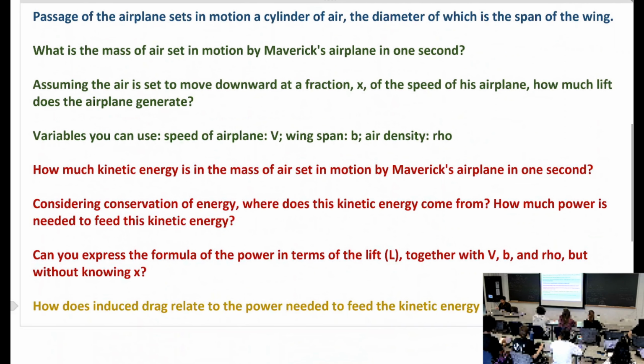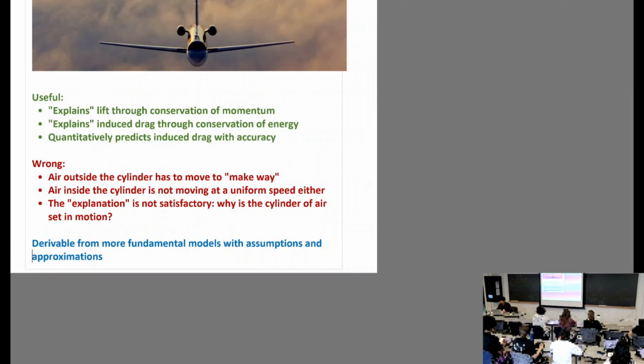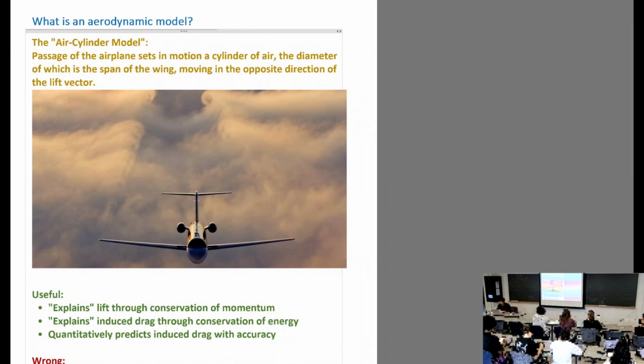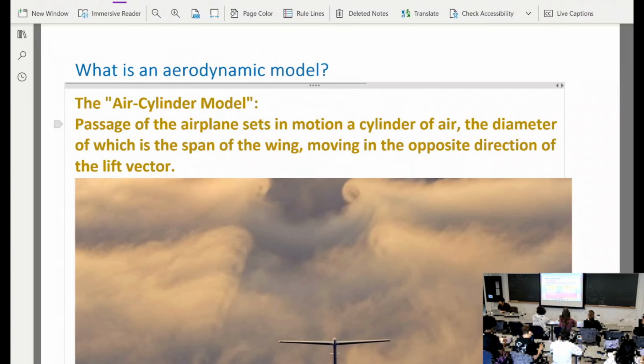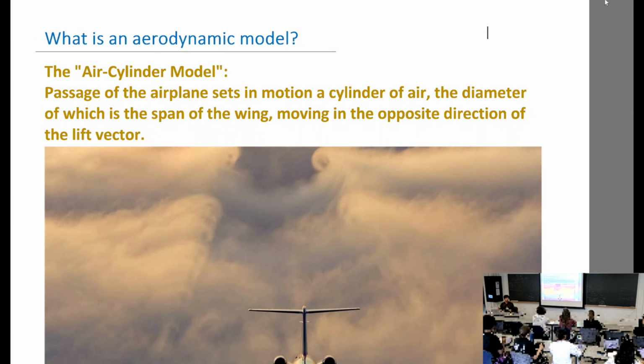This is basically the induced drag, and the reason I'm discussing this is because this entire course, aerodynamics, is about various aerodynamic models. So this is an example of an aerodynamic model. You're probably not going to find it in any textbook because I kind of came up with it. It's not going to be a particularly insightful one, but it is already a model in the sense that, okay, so the model is the following.